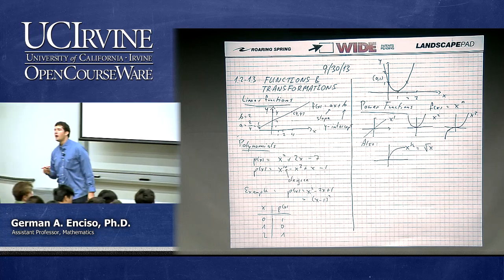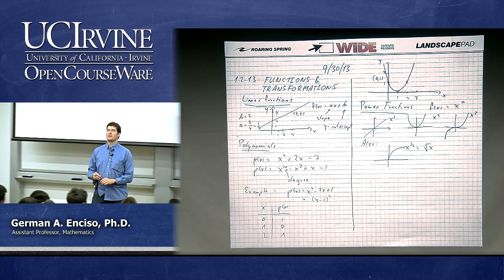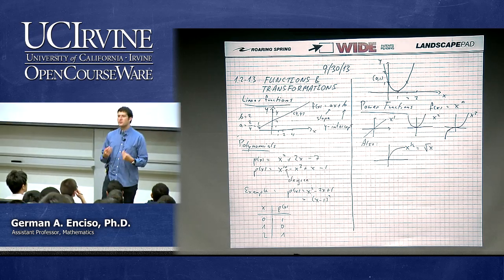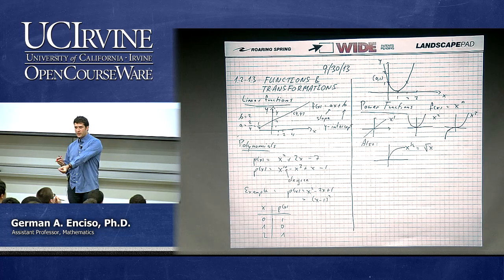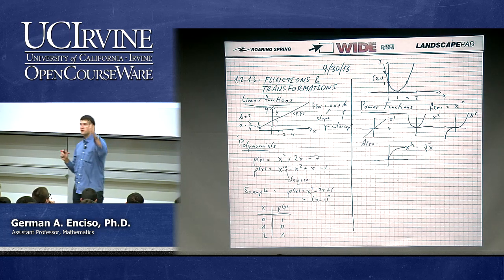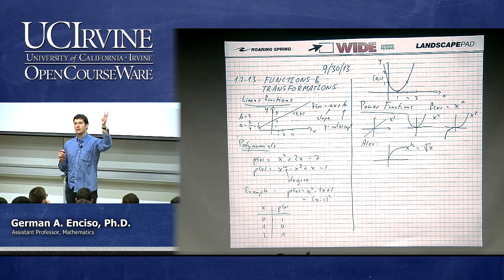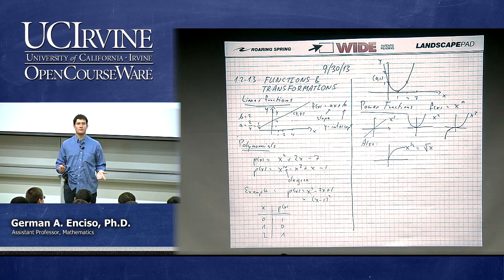If you do the vertical line test, it goes through twice. Right, exactly. It would not be a function. We talked about functions last time as mathematical constructs that to each element x assign one value y. So if we drew the whole thing, for some values of x you would have two different values of y. In other words, the vertical line test would be violated, and it's not a function.